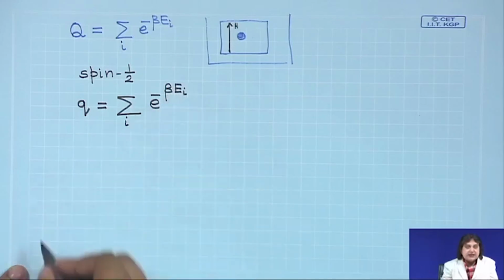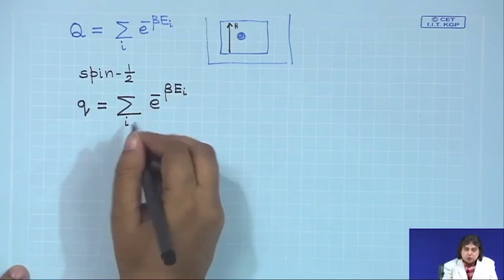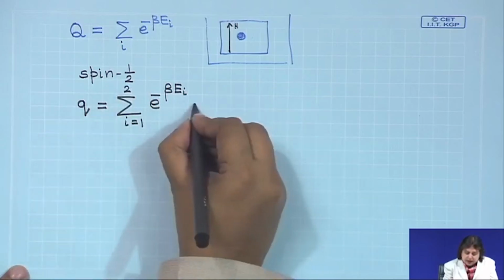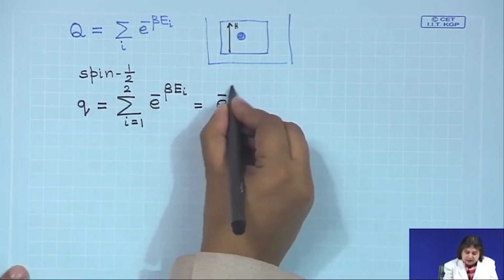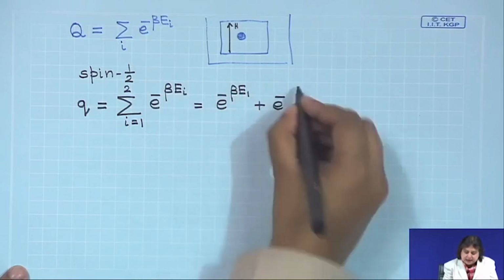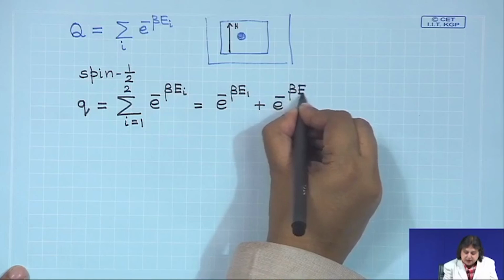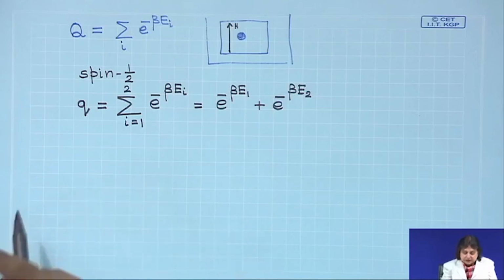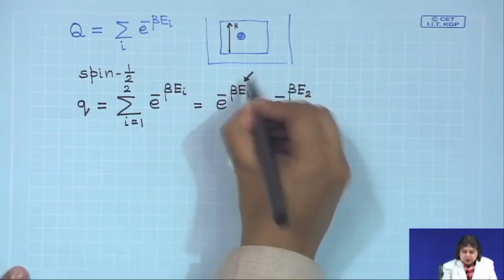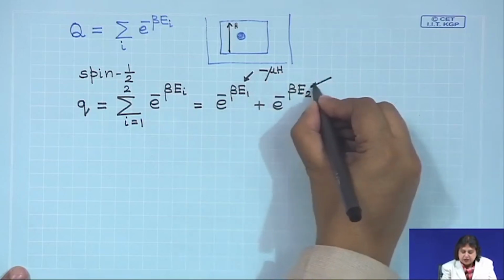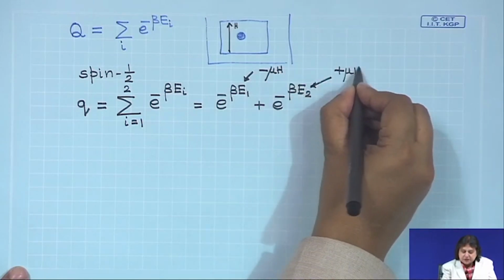Now, how many microstates are possible for this system? Two. So, i goes from 1 to 2, and accordingly I will write this summation in the expanded form: e to the power of minus beta E1 plus e to the power of minus beta E2. I know for this given system what E1 is: minus mu h, and E2 is plus mu h.